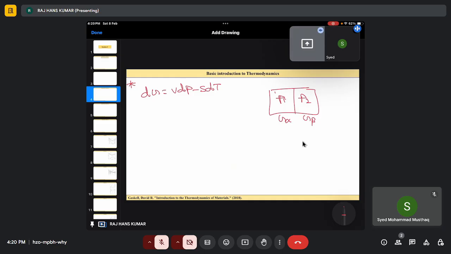If you want to know, you can just go back to those sessions. So let me write it for the G alpha phase. Then it will be dG alpha equals volume of alpha, V alpha dP, minus entropy of alpha, S alpha dT. Let me write it for beta: V beta dP minus S beta dT, right?